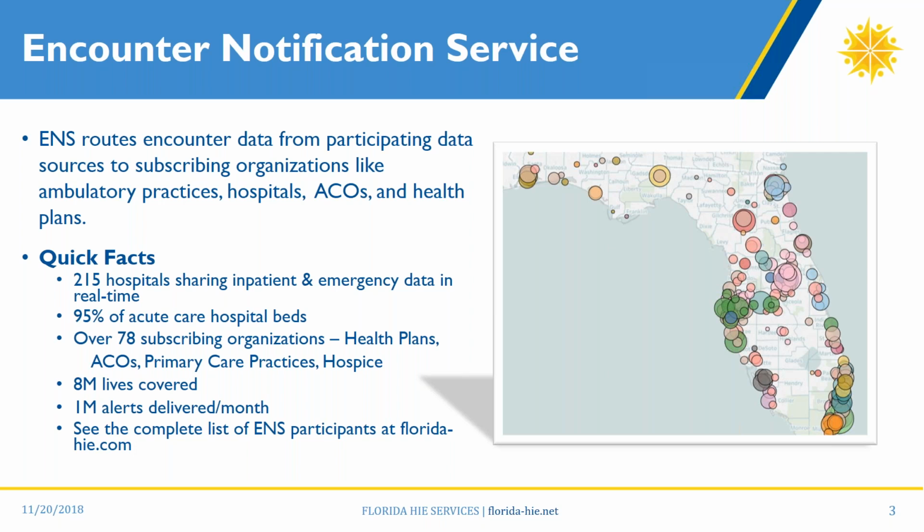So we're really excited about the benefits that we're hearing and people are deriving from the encounter notification service. We have actually over 8 million lives covered under this service, and we are providing over 1 million alerts a month on these patients. So there's a million alerts a month going out to folks, letting them know what's happening with their patients when they're being seen at hospitals.